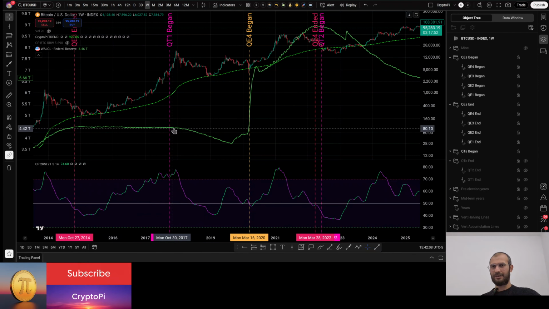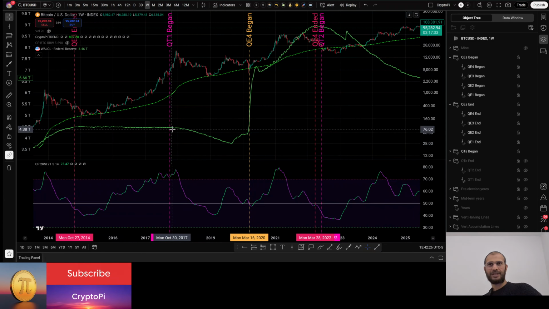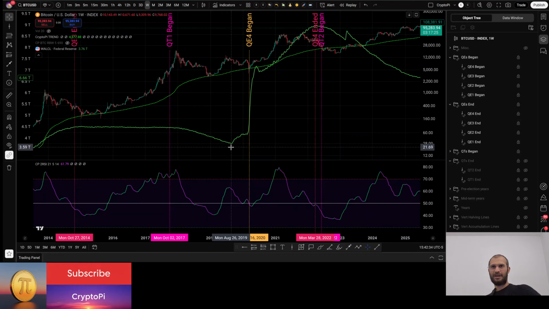And once QT began, you can see that the Fed is not printing money. In this case, the quantitative tightening phase was most likely to stop injecting money in the banks, and I think it was to control inflation.